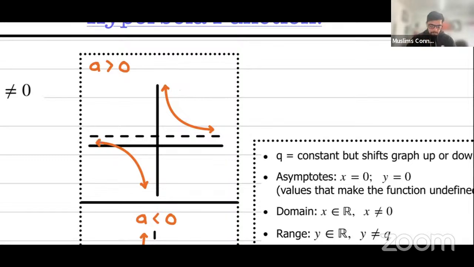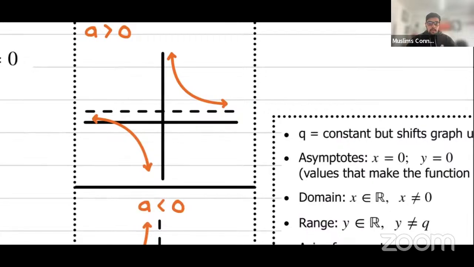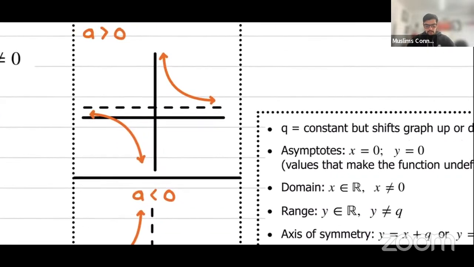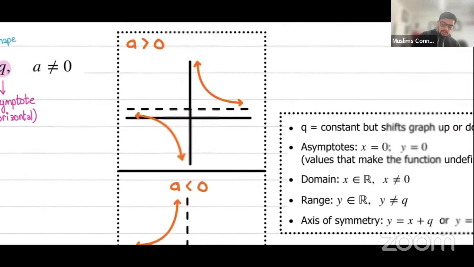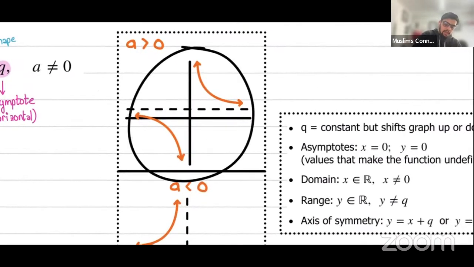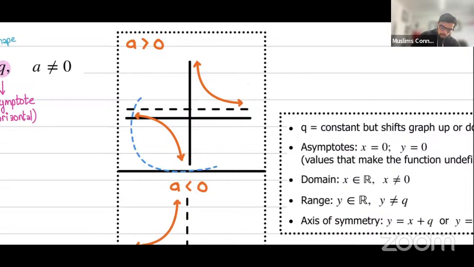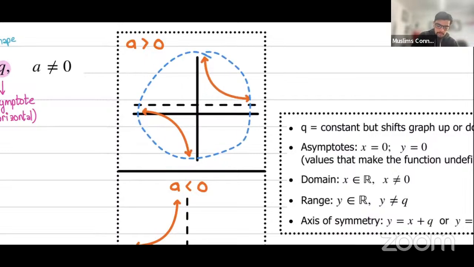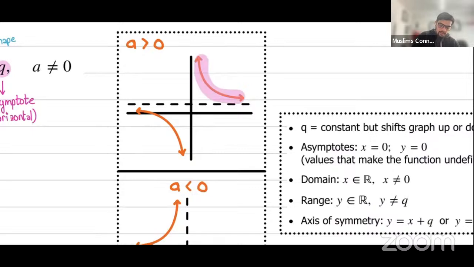There we go. So in this particular case, this is what the function might look like. Here we have a function that looks kind of strange. It has two parts to it. One is here and one is here.